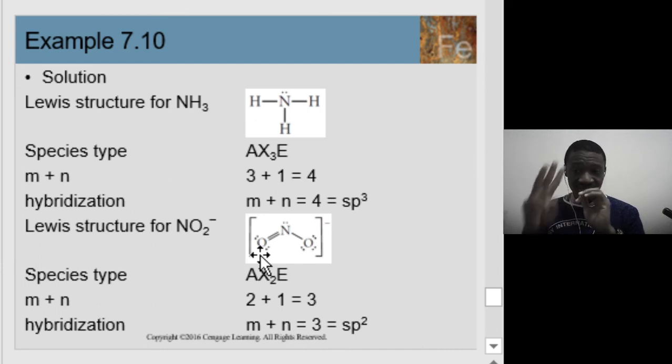It has 5. 2 are the lone pair, 3 are the bonding pairs, right? And on the strength of that, you have your M, which is 3, and then your 1, which is the lone pair. If you add all of those together, you have your sp3, which explains the trigonal pyramid that you see in ammonia.